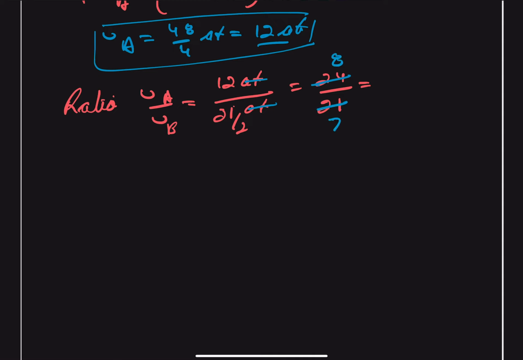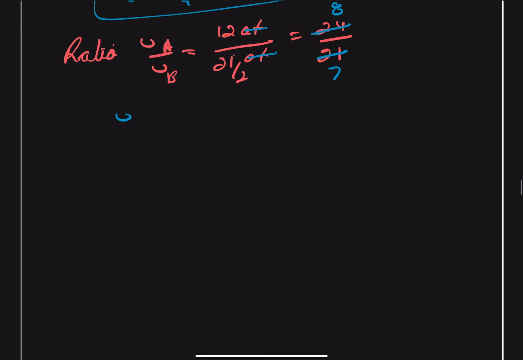So we get the answer that the ratio VA upon VB will be equal to 8 by 7.